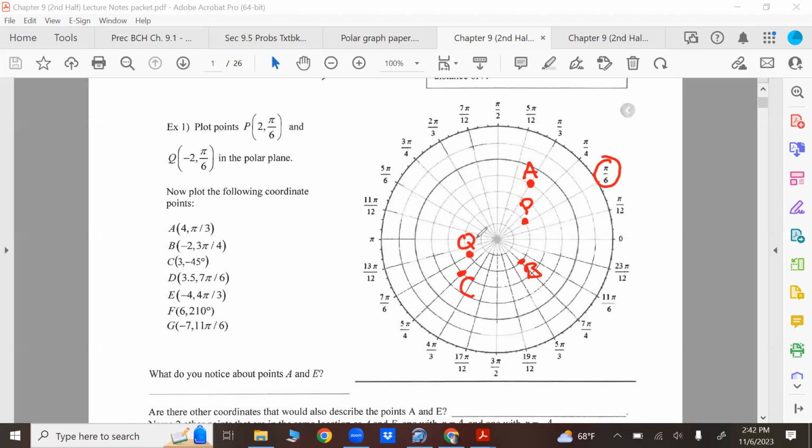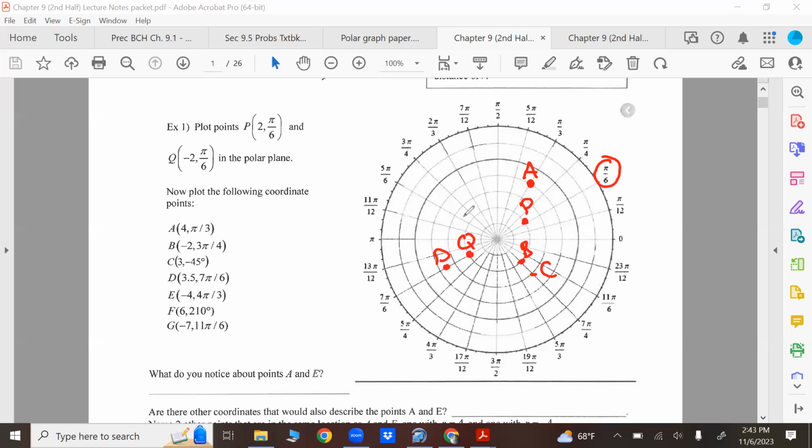Where is that one? 3.5 is between 3 and 4, clearly. So 7 pi over 6. What did I do wrong? But it's negative 2. Wait, C, negative 45 degrees, so 7 pi over 4. Hold on. Oh, you're right. Sorry about that. Thank you for correcting me. 3.5, 7 pi over 6. So 1, 2, 3. Yeah, it's right here.